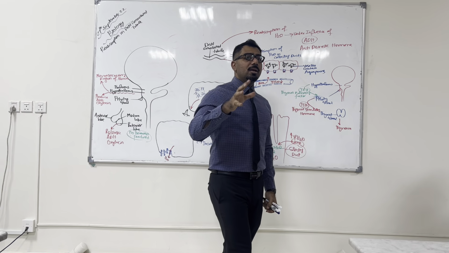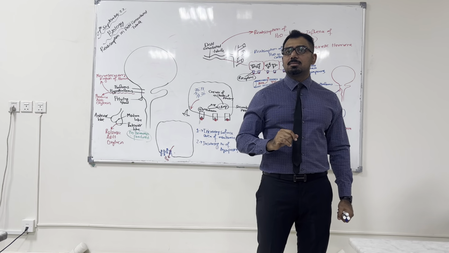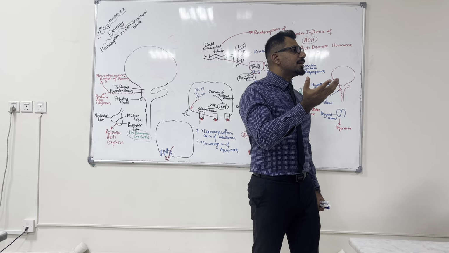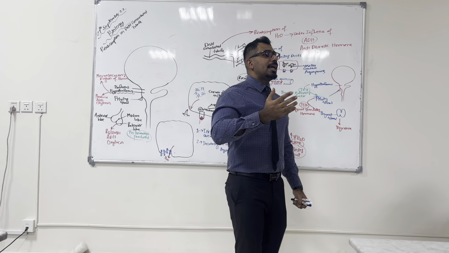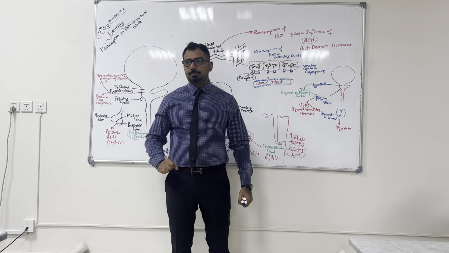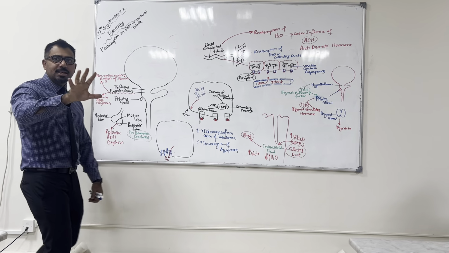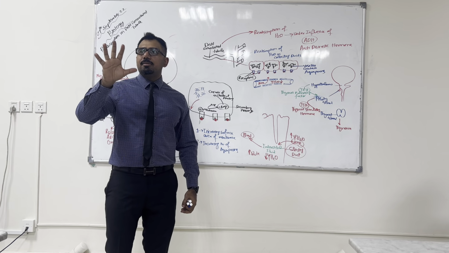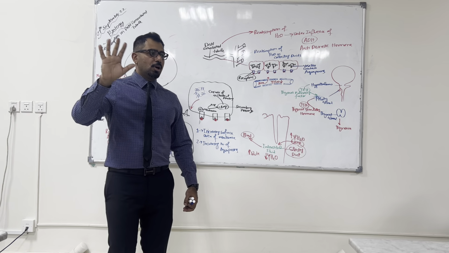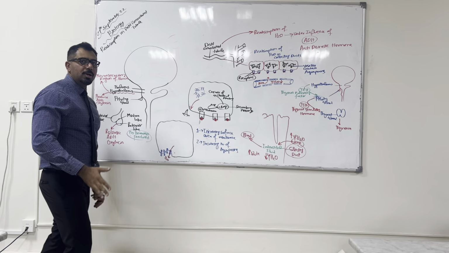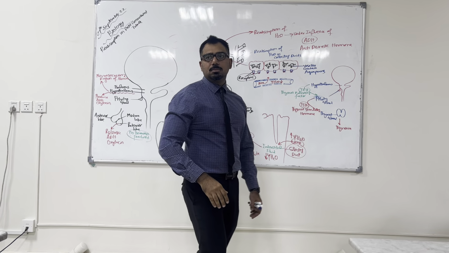Now this was during summer season. What happens in the winter season? There is enough water in the blood, right? Osmoreceptors in the hypothalamus will detect this. They will not send the message to the posterior lobe. Do not release ADH.